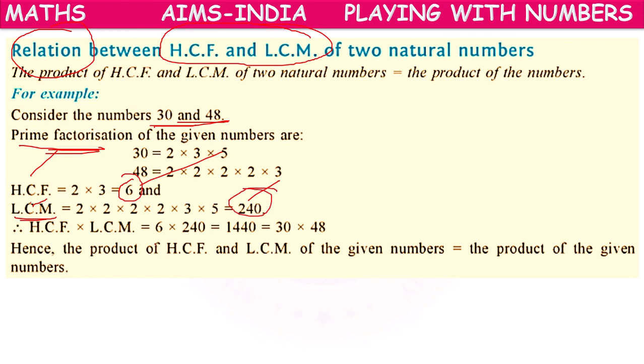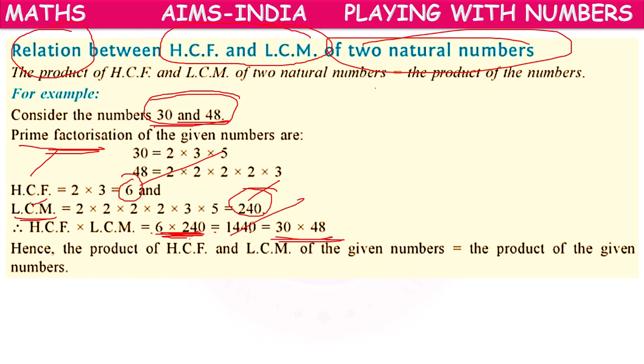The product of these two, 6 into 240, is equal to the product of the given two natural numbers, 30 and 48. 6 into 240 is 1440, and 30 into 48 is 1440. So this relation is true.